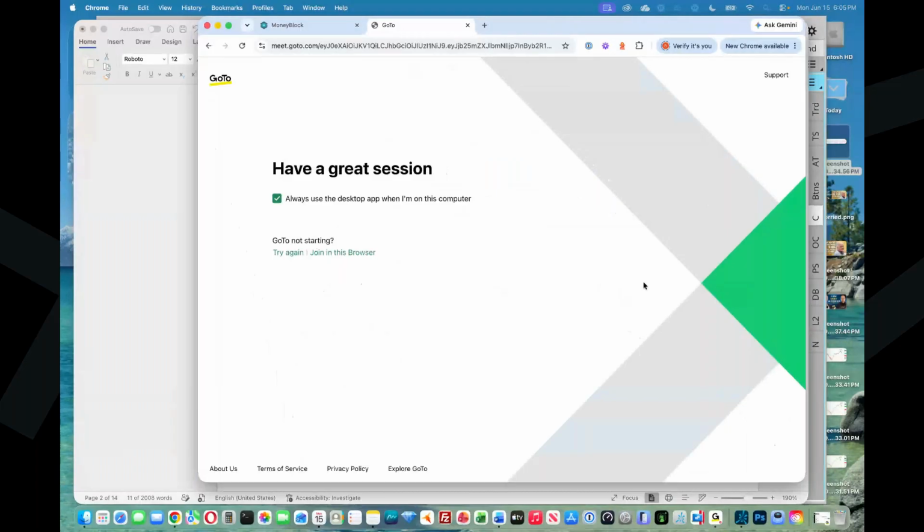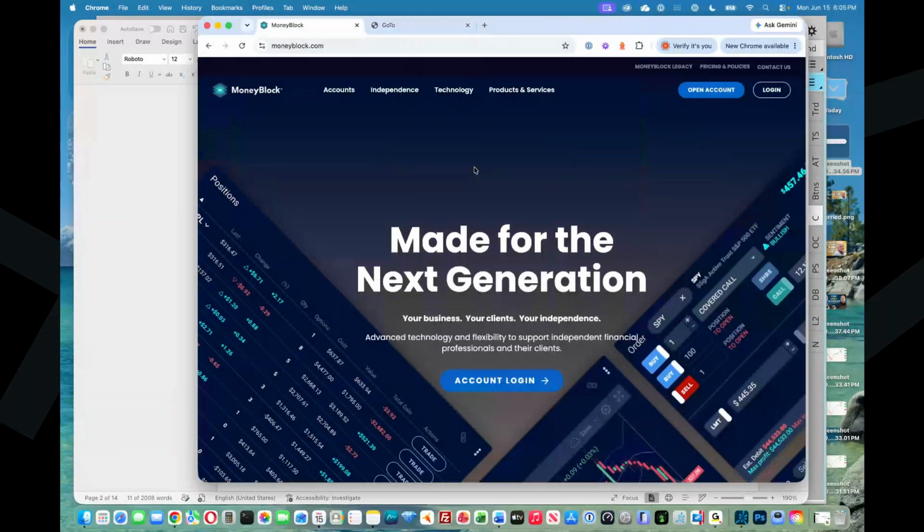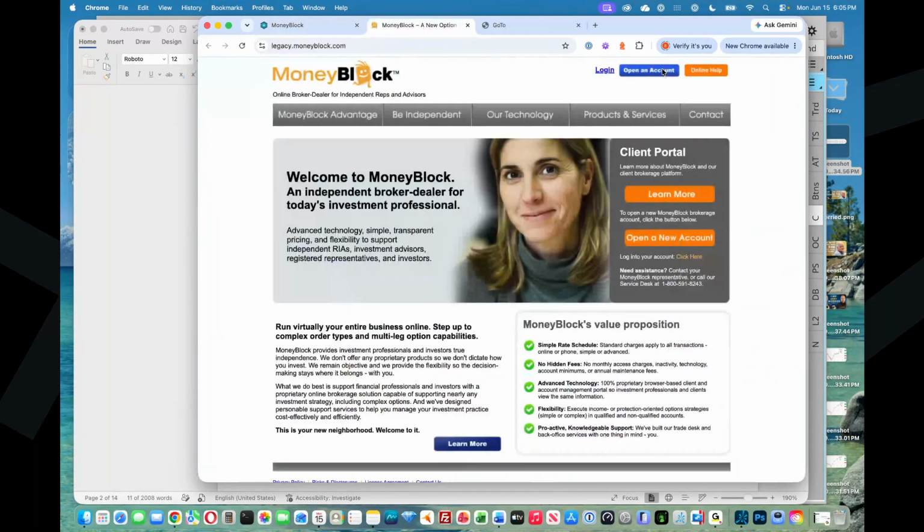When you go to Money Block, there's been a few things lately where the primary site, this blue site right here, has had a few errors here and there. So I want to point out that you've got this Money Block Legacy link right up here at the top of your screen, just above the Open Account button. If you click on that, it takes you to this screen.